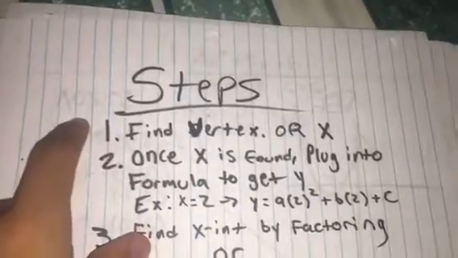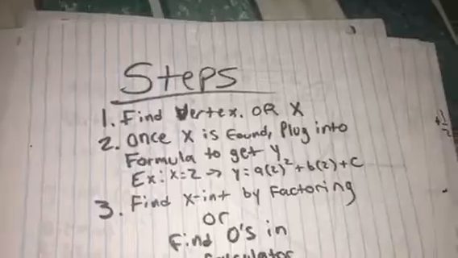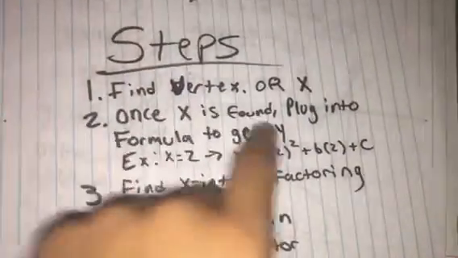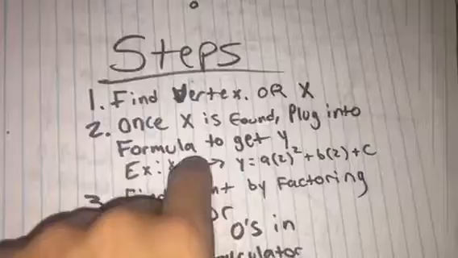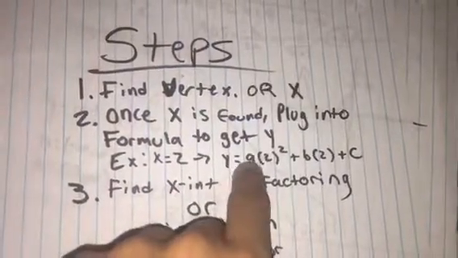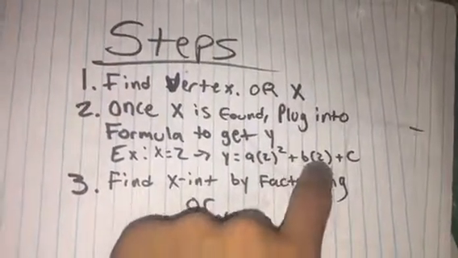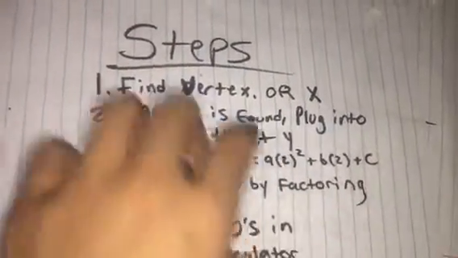First step, you want to find your vertex, or x, and you basically do that by doing this right over here. Once you do that, you plug x in to get y. For example, if x was 2, you would plug that into the formula: a times 2 squared plus b times 2 plus c.